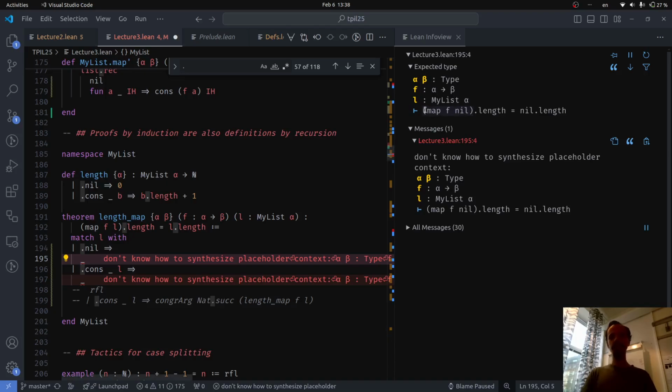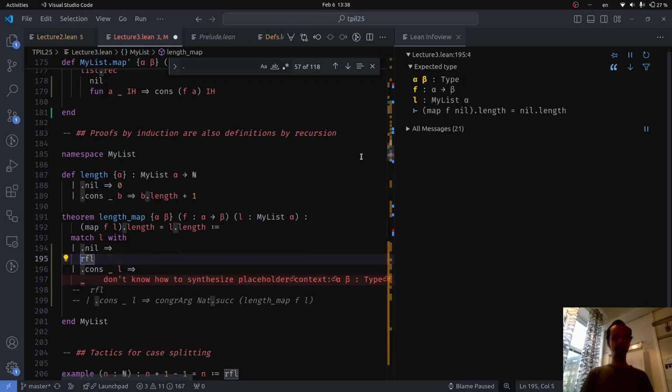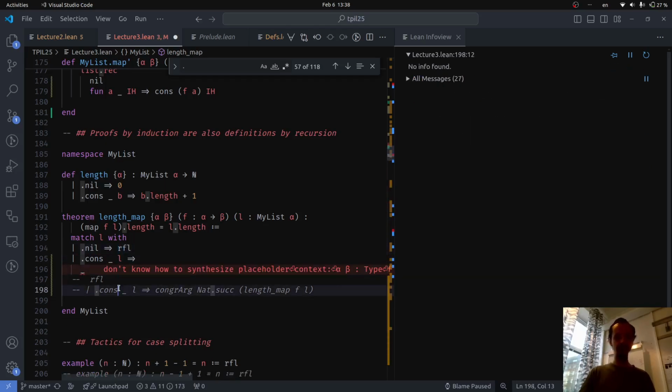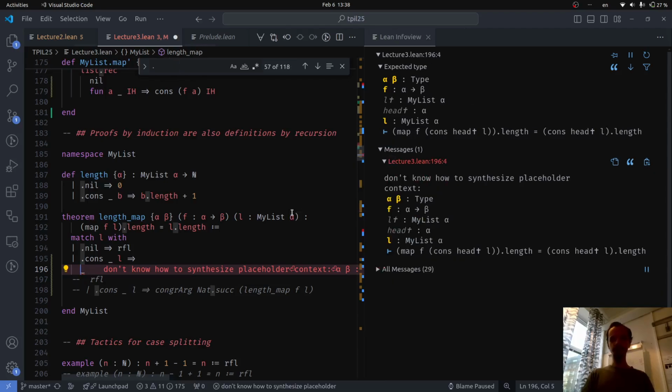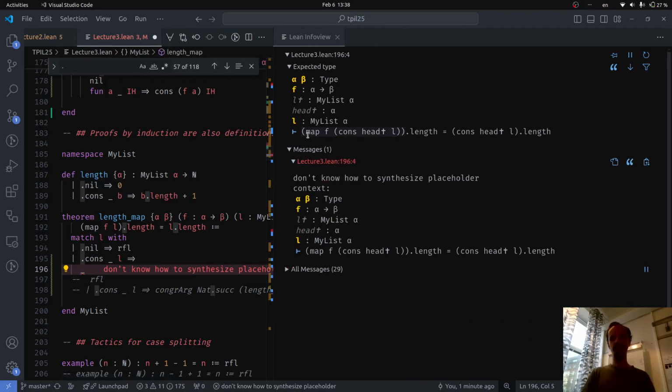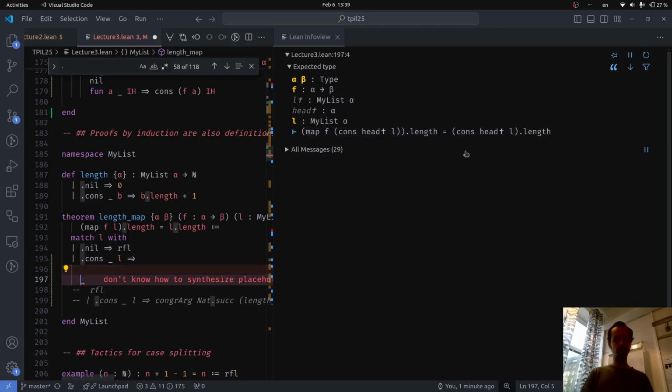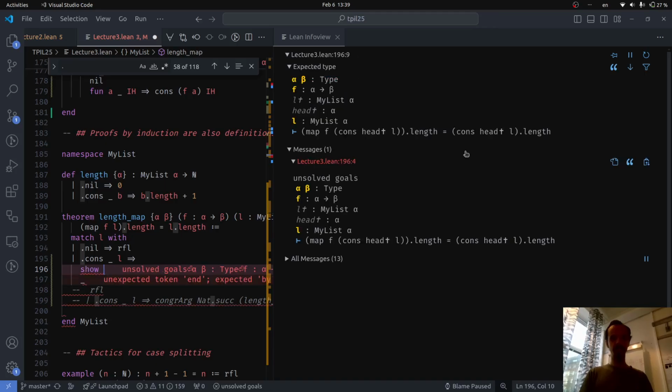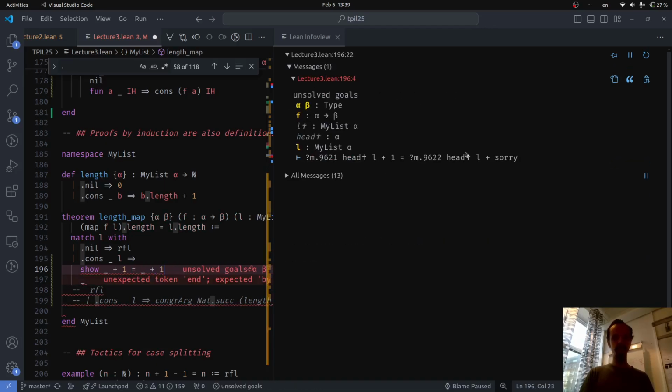The first goal is to prove that (map f nil).length is nil.length, but because map f nil is defined to be nil, this is true by reflexivity. So I can prove that by rfl. And then here we have this other complicated thing. (Map f of a cons).length is (cons).length. I can just assert that this is something plus 1, or yeah, something plus 1 equals something plus 1.